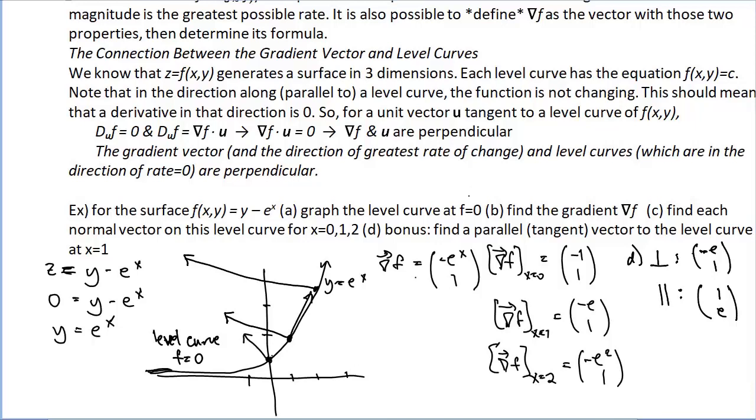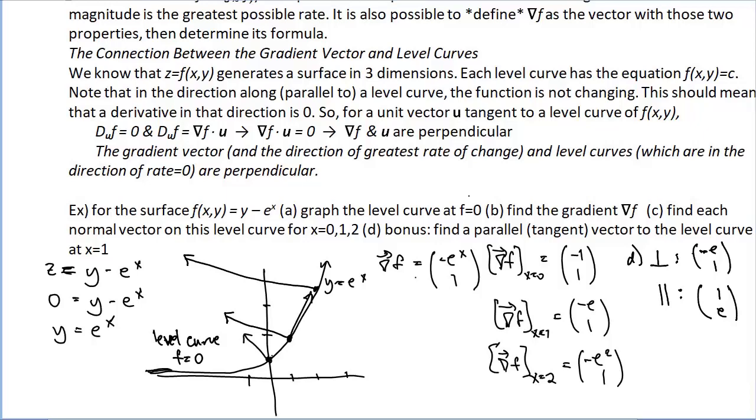Okay, so that is what we can do where we originally have z equals f of x, y. The original graph is 3-dimensional, but when we take a level curve, that's going to be 2-dimensional. And for that level curve, we now know how to find normal vectors. We just need the gradient of the original function.